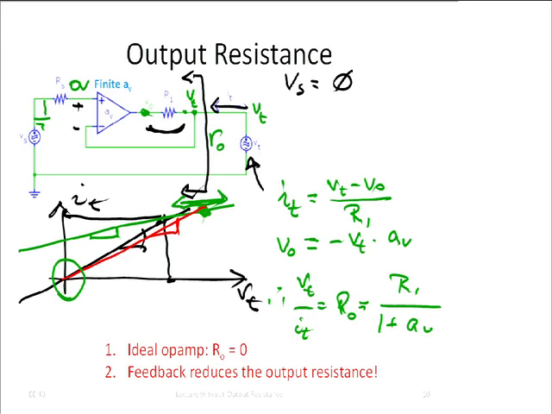If you have a source and then you have some resistance in series with it, well, that adds to the output resistance. But now look at what feedback is doing. Feedback kicks in and it divides the output resistance down by the gain of the feedback plus 1, actually. Okay? That's most interesting. So if I want to make a source with really low output resistance, is that a good thing?